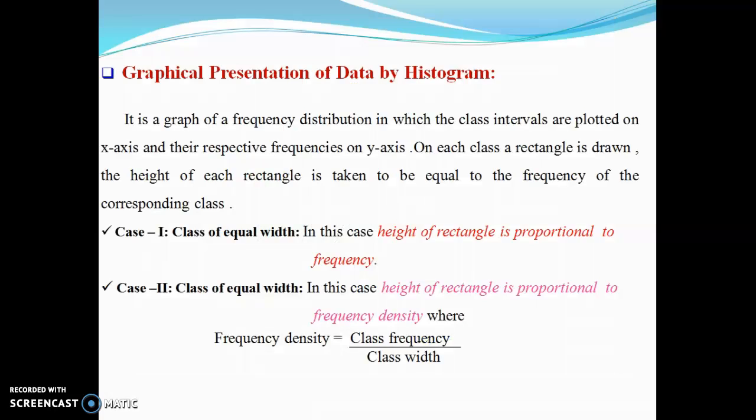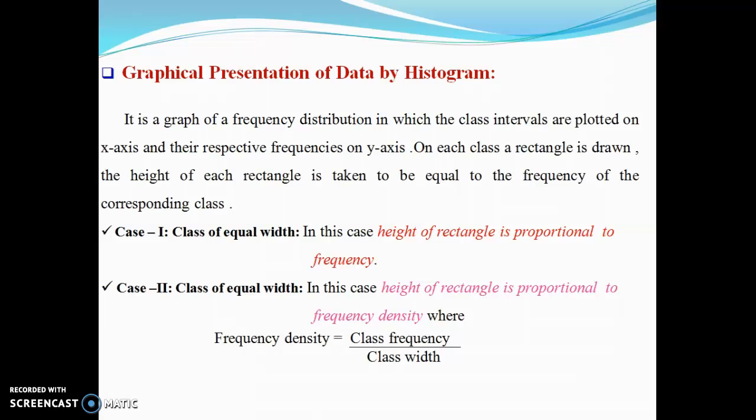Now, graphical representation of data by using a histogram. Histogram is one of the popularly used graphs for the representation of a frequency distribution.